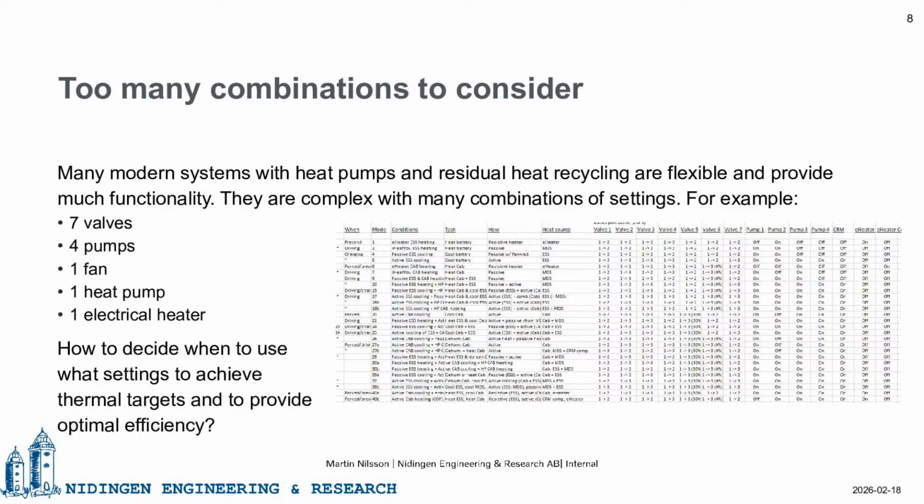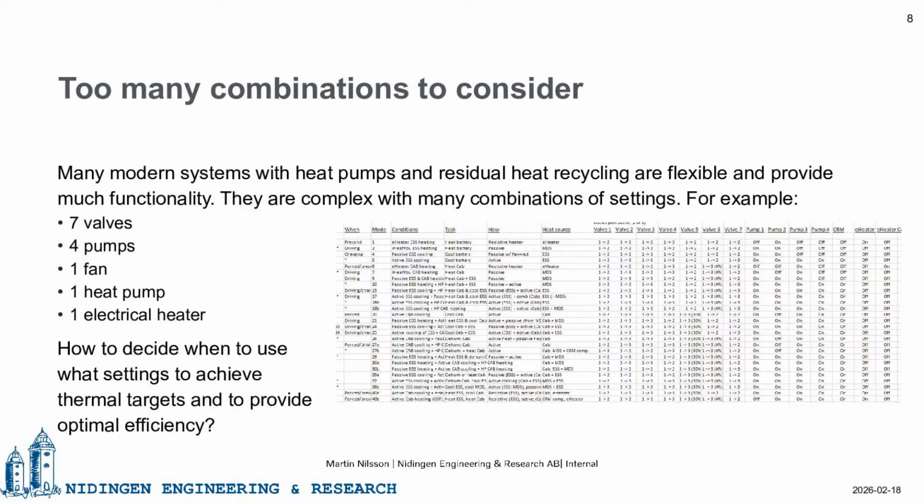So these systems function in a multitude of modes, depending on if it's hot outside, moderately hot, very hot, cold, super cold, around the freezing point. And what do I do with my vehicle? Do I have a heavy load? I'm driving uphill, downhill, and so on.